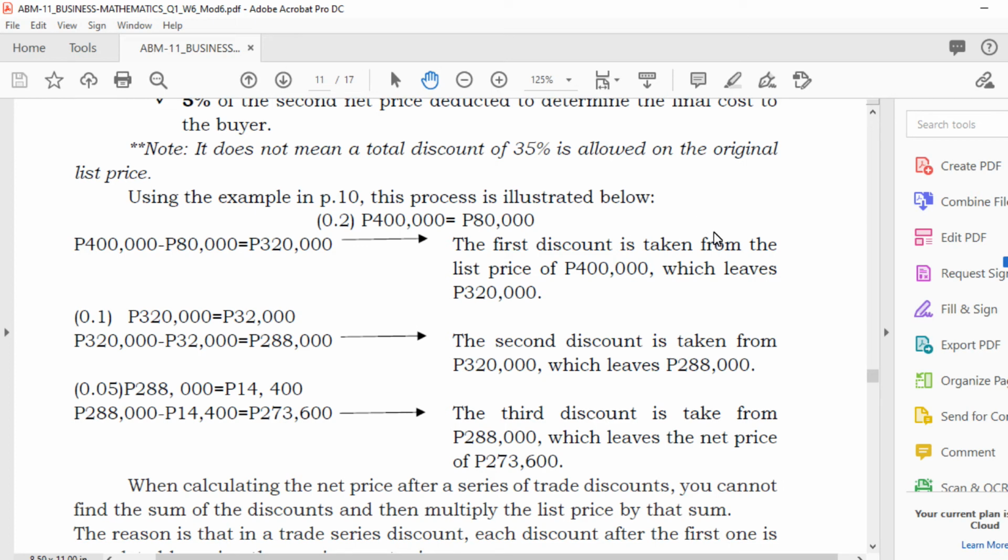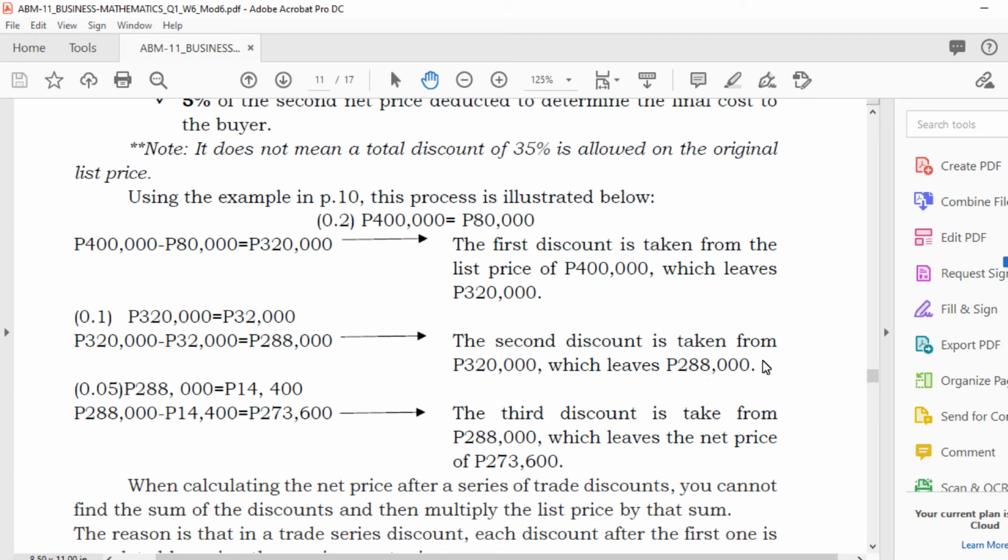Ngayon, syempre, pangalawa, 10%. So, 320,000, okay? Ang 10% niya ay 32,000. So, 320,000 minus 32,000 is equal to 288,000. So, that is the second amount natin after the 10%.